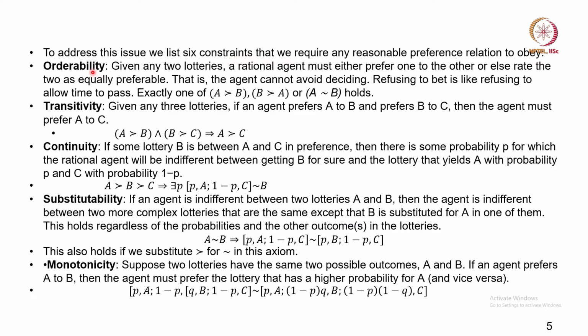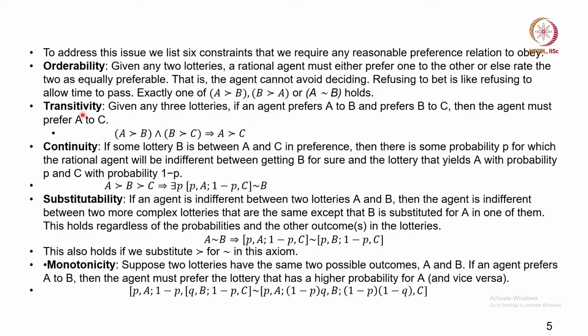One is what is called orderability, which means that if you have two lotteries A and B, then the rational agent has to choose one of the preferences that are available. It cannot say that I don't know. In other words, exactly one of these is true: A is preferred over B, or B is preferred over A, or it does not have any preference. So that is the first one.